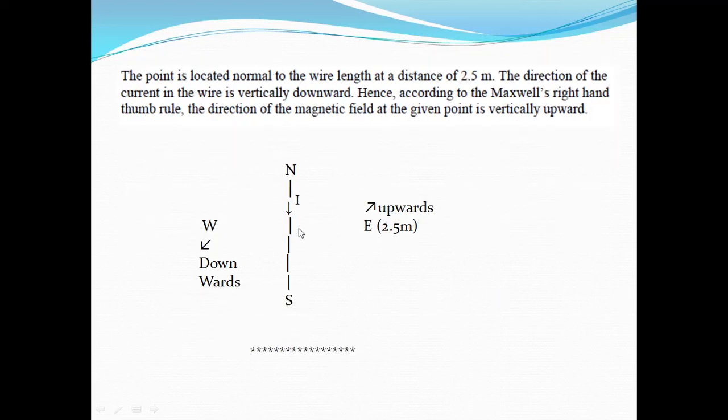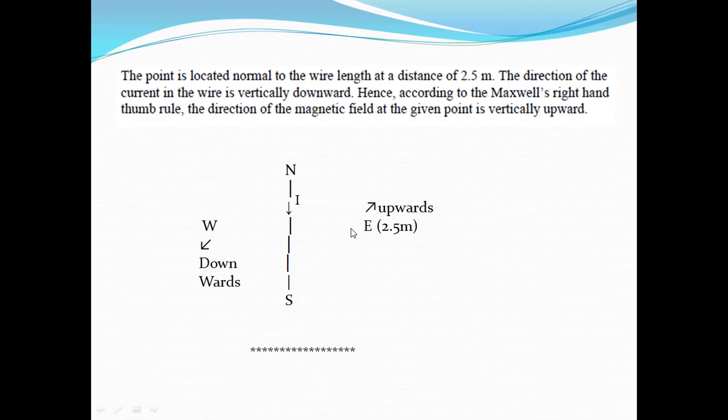So here we have north to south, that is the direction of current. Now 2.5 meters east, what will be the direction of the magnetic field? So here we must apply the right hand thumb rule.